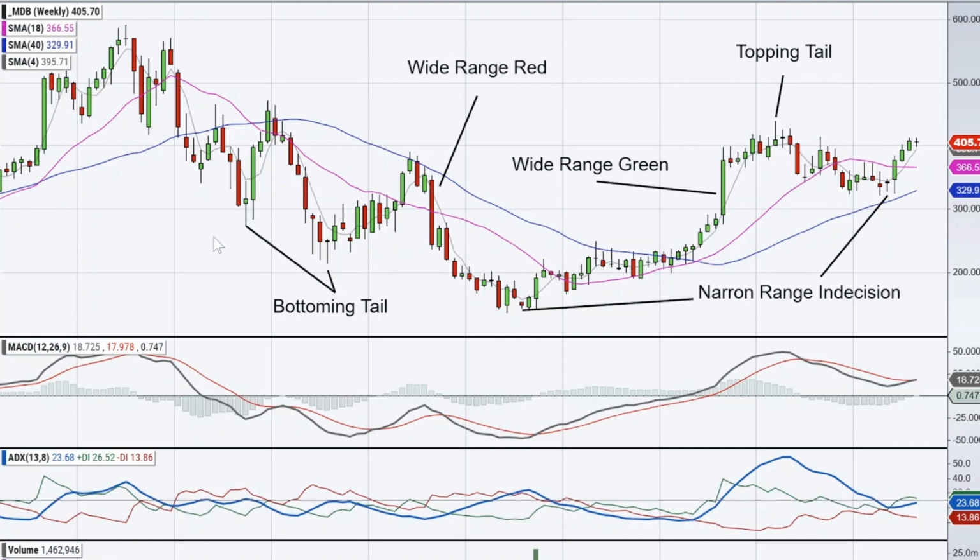Now, I would say the minimum requirement is we need to have the open and close above the midpoint of the day, midpoint or higher. But I want it to be a decent sized bar. I don't want it to necessarily be a narrow range bar. If it's a narrow range bar and we have that, then I would just call it a narrow range indecision bar. But in this case, we have a fairly good sized bar that happens after a decline.